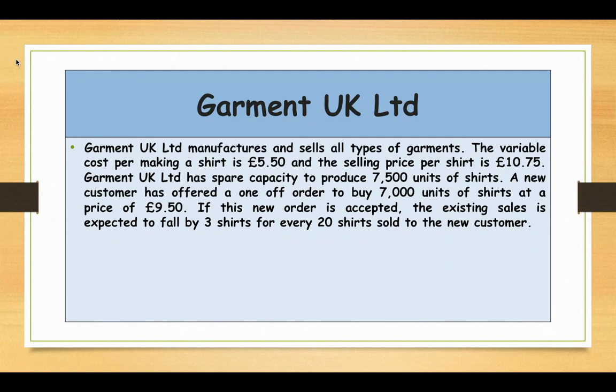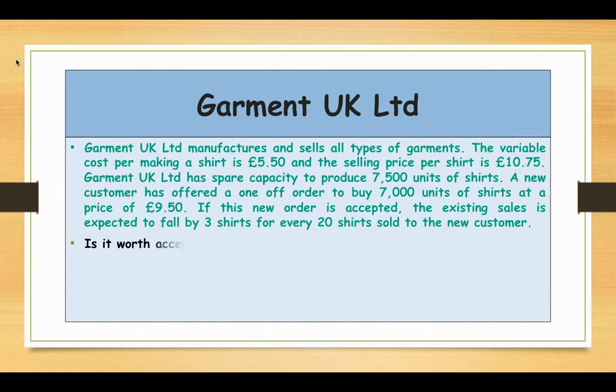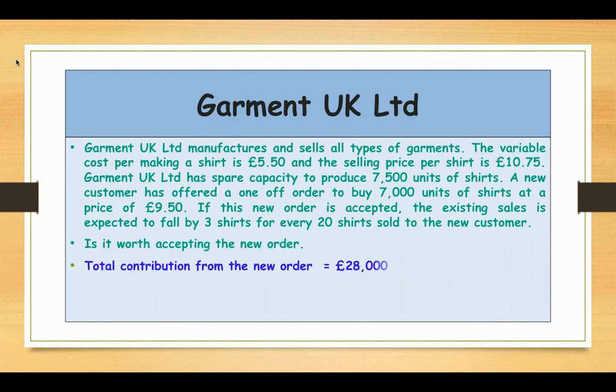If this new order is accepted, the existing sales are expected to fall by 3 shirts for every 20 shirts sold to the new customer. Is it worth accepting the new order?